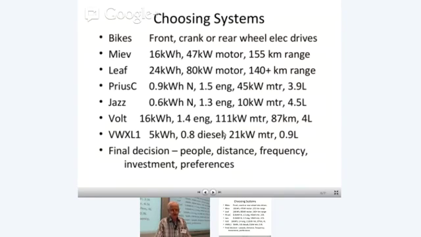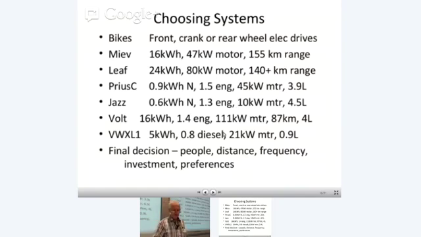Now whether you get that depends on how hard you drive it, obviously. The Leaf has a larger battery, 24 kilowatt hours, 80 kilowatt motor, and something of the order of 140 kilometre plus range, again under standard conditions. From what I can understand, about half the cost of the Leaf vehicle is in the battery and control system. So, quite expensive.